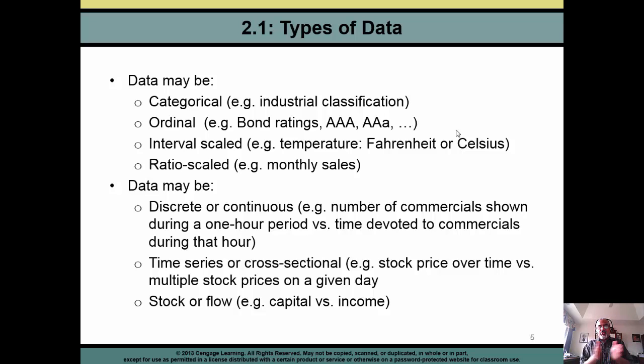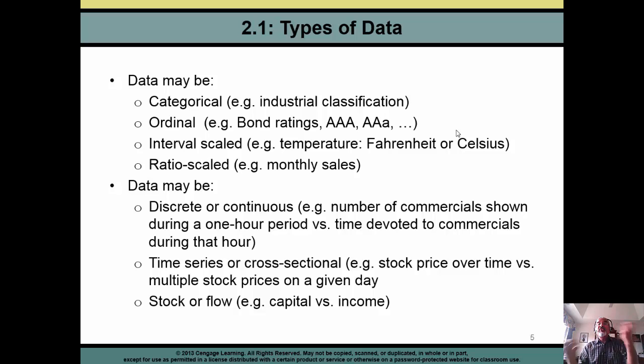Interval scale is one where the intervals are defined. One other way of looking at interval scale is whether the 0 is defined at an arbitrary point. For example, when we measure temperature, 0 degrees Celsius is one particular level, 0 degrees Fahrenheit is something else.